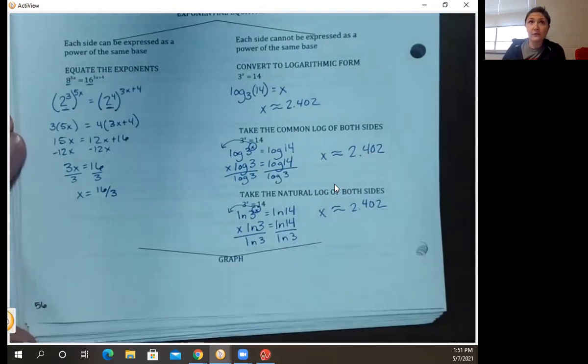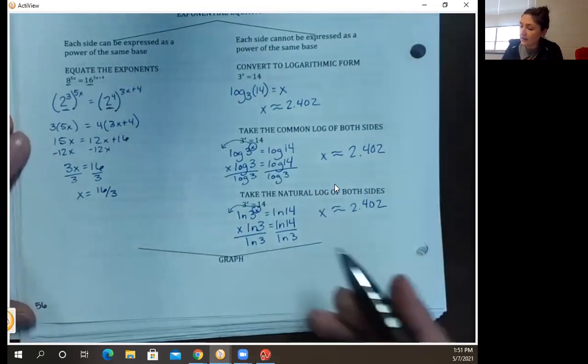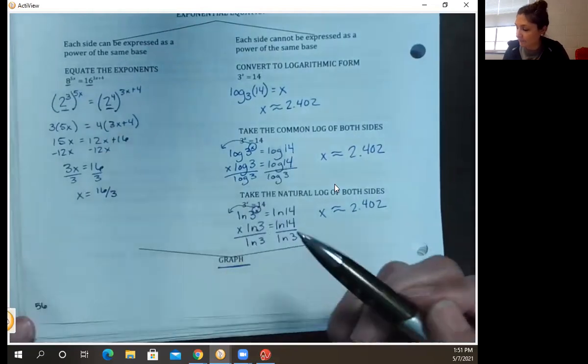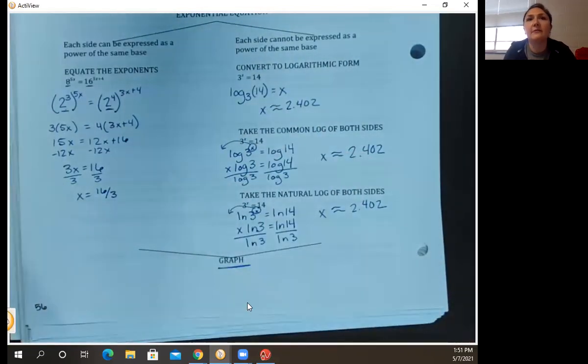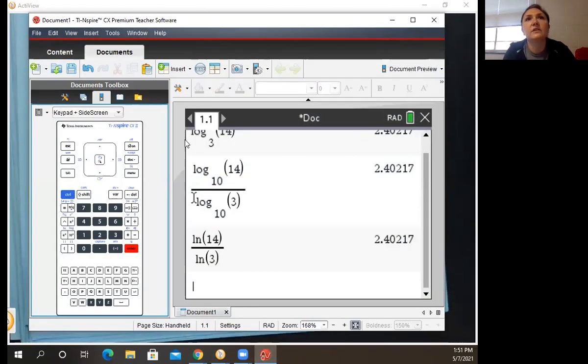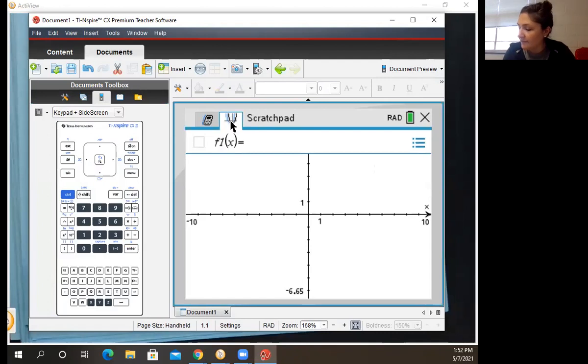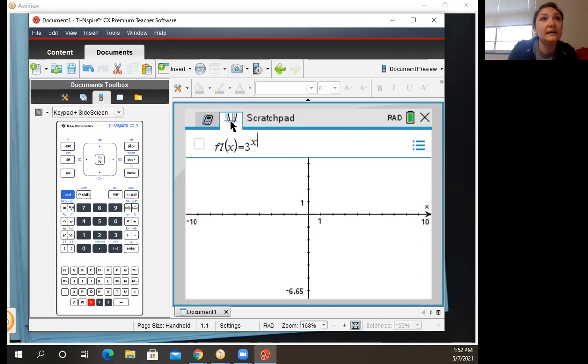And then just like every other function that we looked at, you can check your solutions using a graph. So let's check this guy using a graph. So if I pull up a graph here, I'm going to graph the left-hand side, which is 3 to the x.